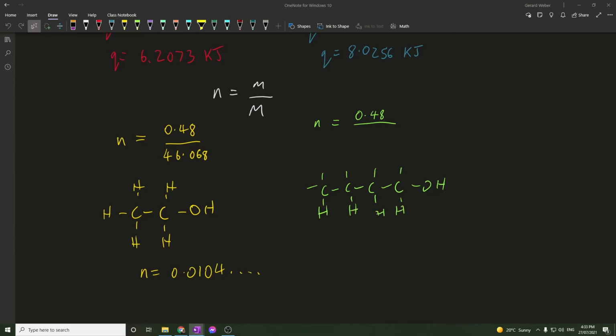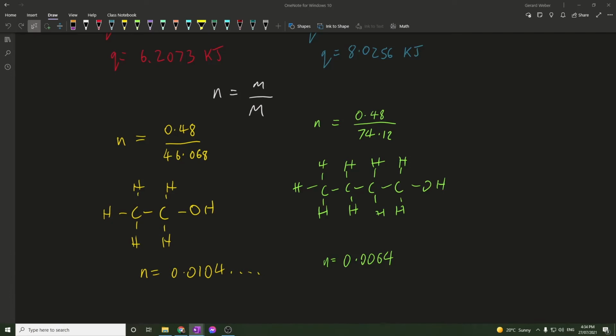Again, we use our periodic table, work this out, and we end up with 74.12 as our molar mass, and that gives us N as 0.0064 moles.